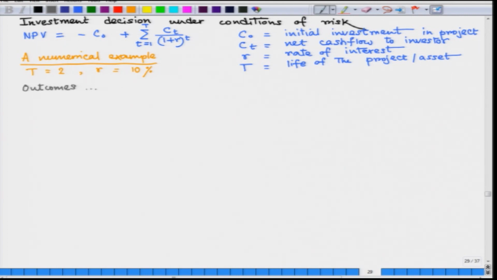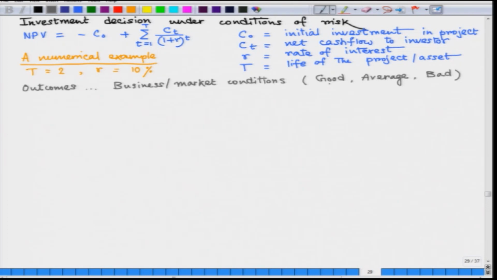So, the outcome can depend upon business condition, and there can be three possible states that can arise. One is a good state, the other one is reasonable or average, and the third one is a bad state.